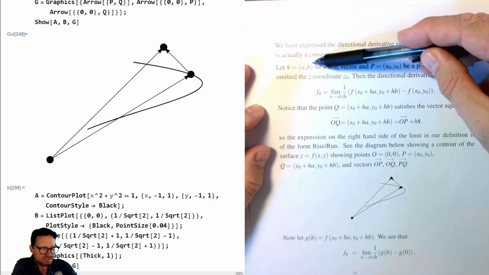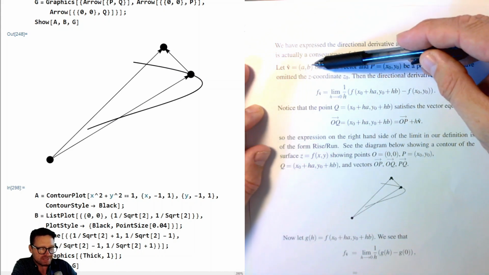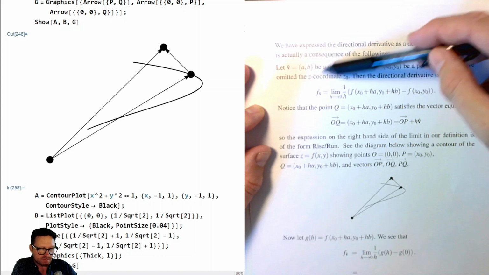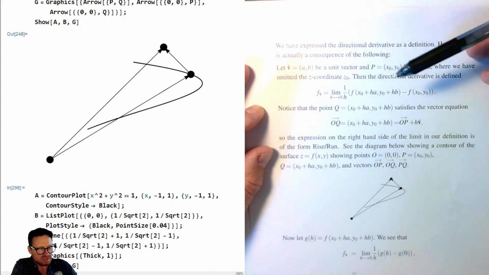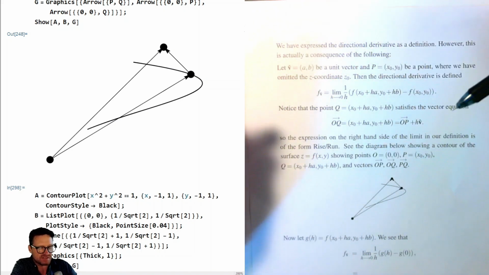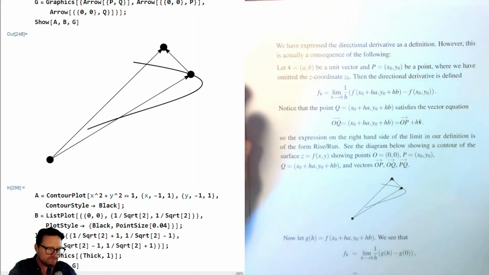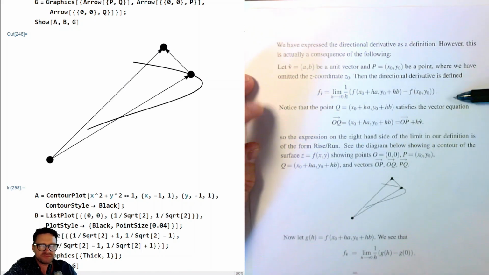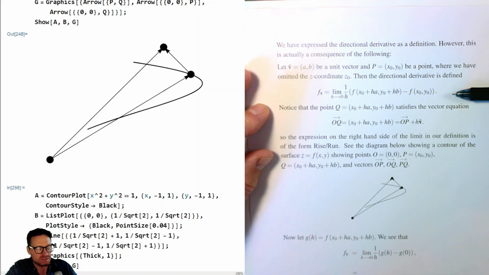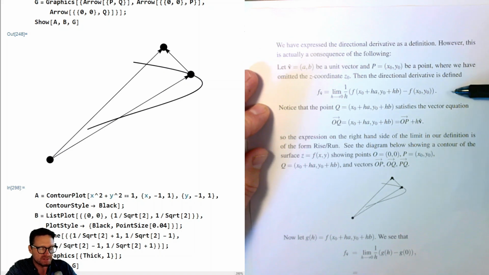Now remember, these vectors, when we're calculating the directional derivative, have one less component than the dimension of the space that the surface lives in. So the real definition of the directional derivative is given by this formula.